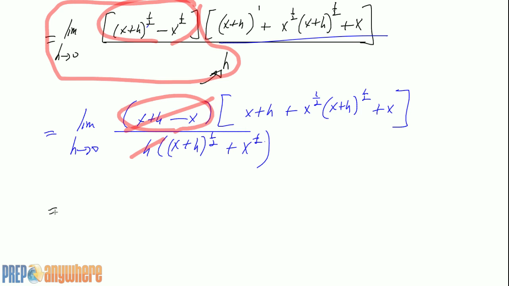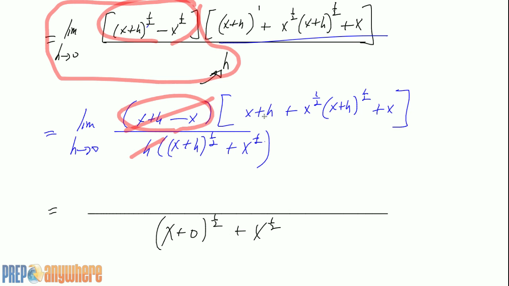Now, the reason why we couldn't do the limit right away was because h was approaching 0 and there was an h at the bottom. We don't have that anymore. At the bottom now we get x plus 0 to the power of half, x to the power of half. That goes away, so we get 2x to the power of half times another x to the power of half.